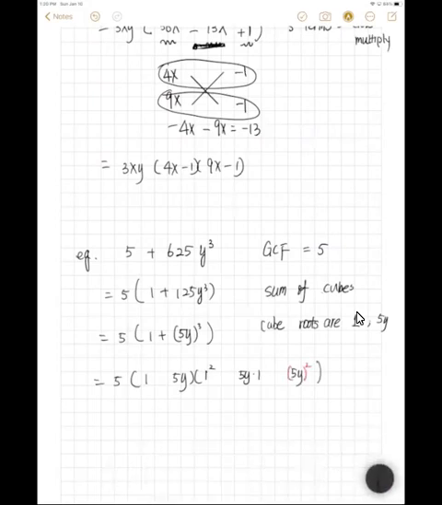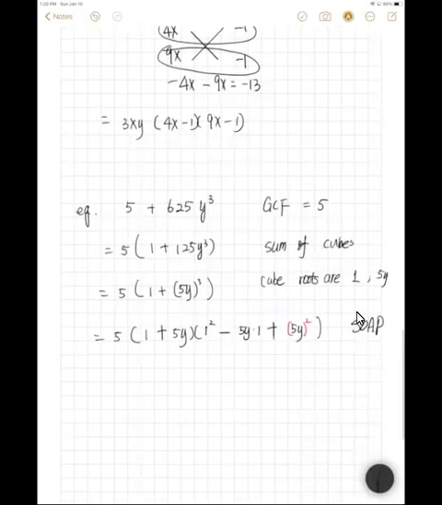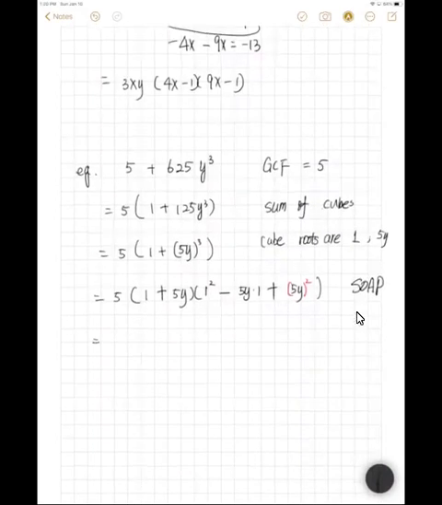Now we use SOAP, right? Same, positive, opposite, negative, always positive. Okay, and now we simplify it, we'll have 1 plus 5y times 1 minus 5y plus 25y squared.